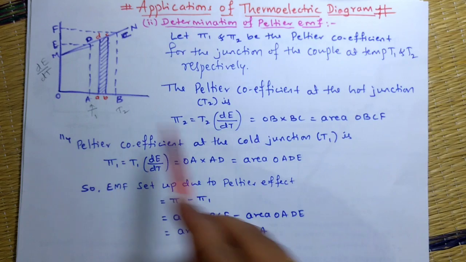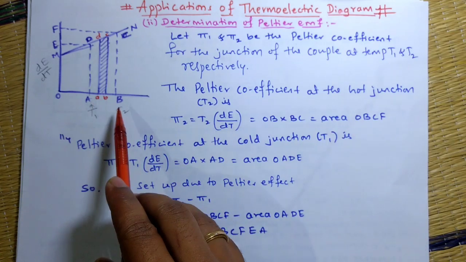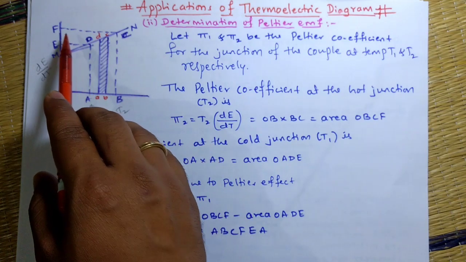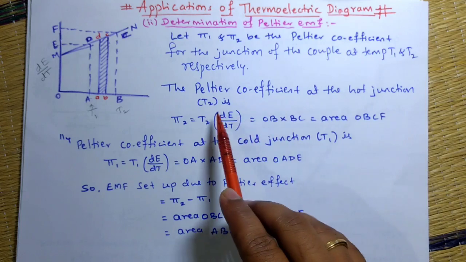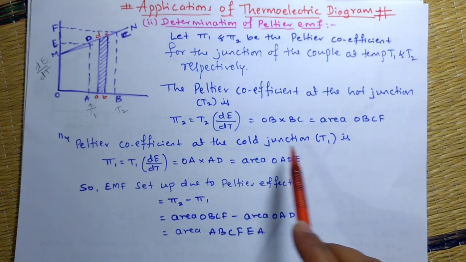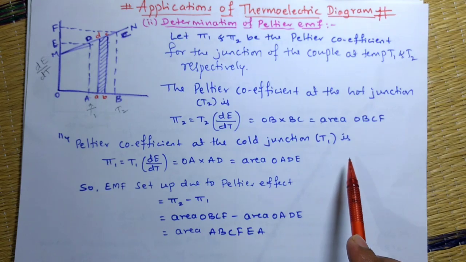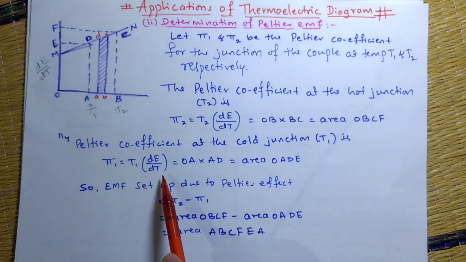So this area, the area OBCF, is nothing but the Peltier coefficient at the hot junction T2, right? And similarly the Peltier coefficient at the cold junction T1 is pi1 equal to T1 into dE/dT.